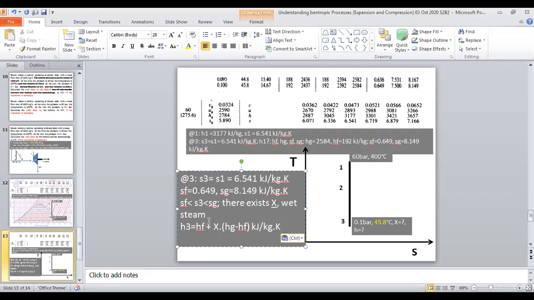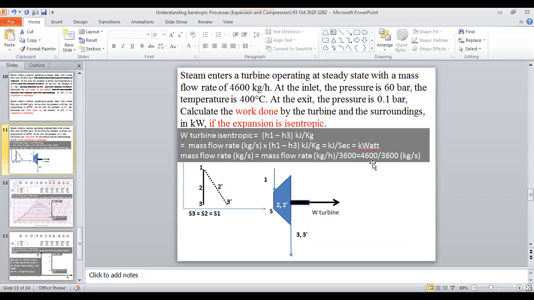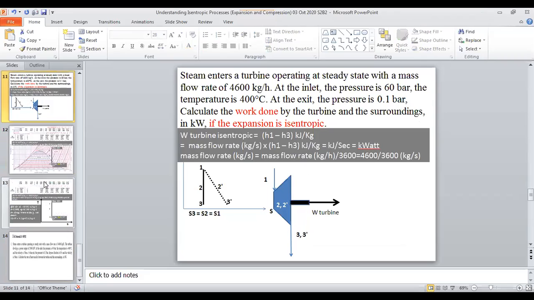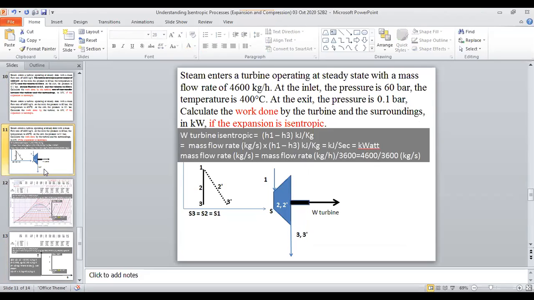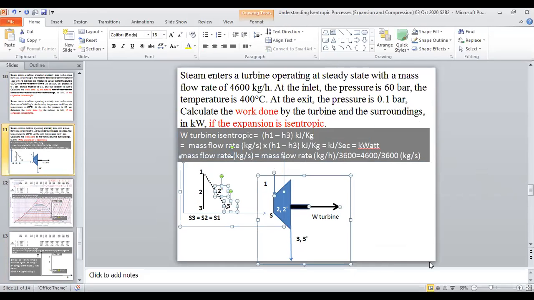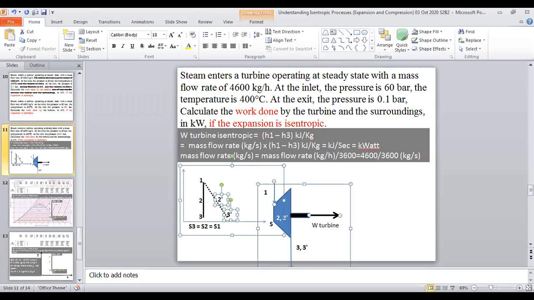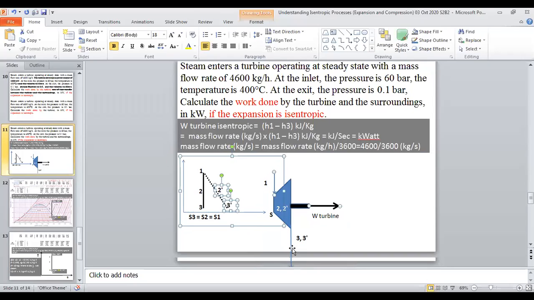Once you have H3, you go to your formulas. There will be the turbine work, W equals H1 minus H3 times m dot. Quite interesting.